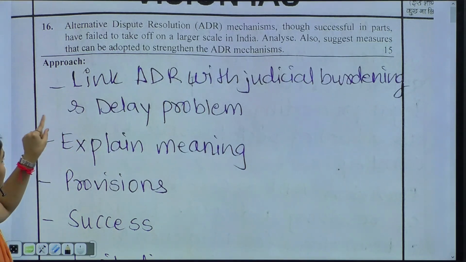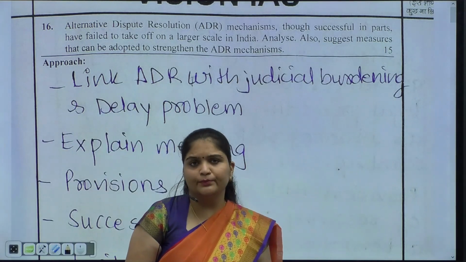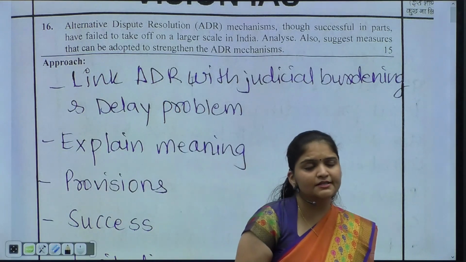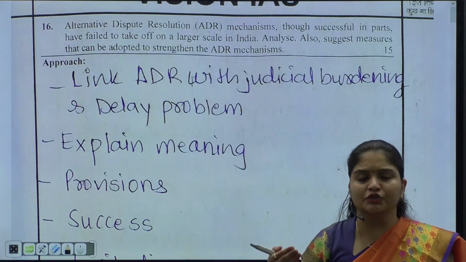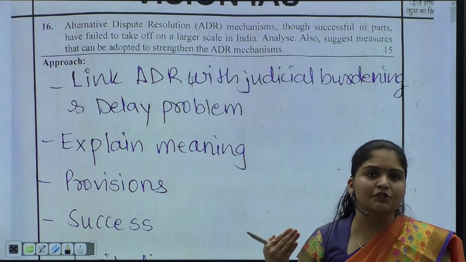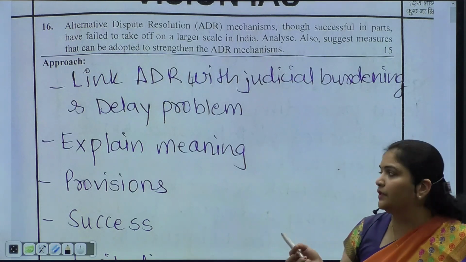Also suggest measures that can help. So here also you will be talking of the judicial delays and problems, give key facts, and then you will be moving on to what the benefits of alternative dispute resolution are, still what the challenges are, and then the way forward.